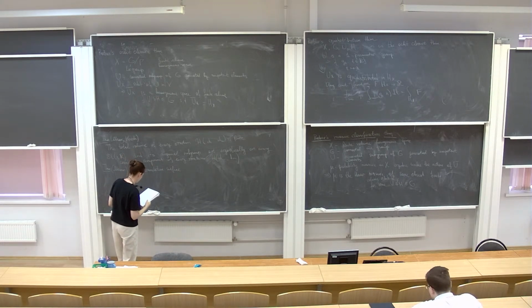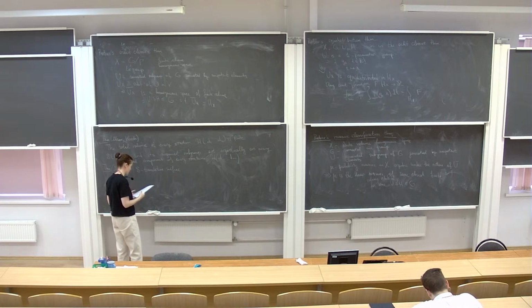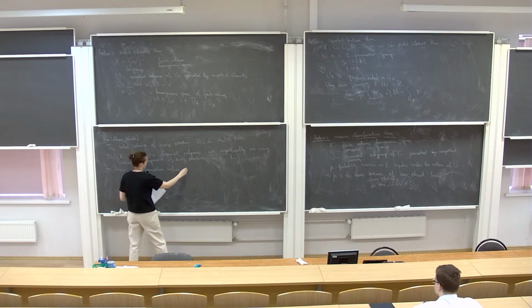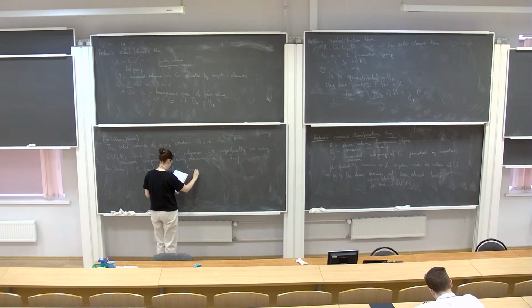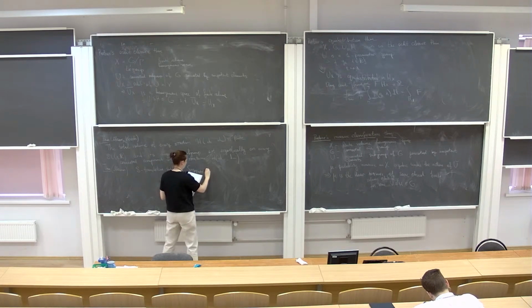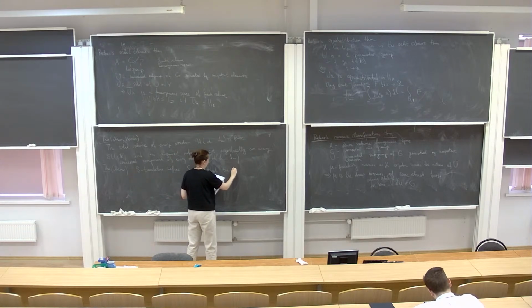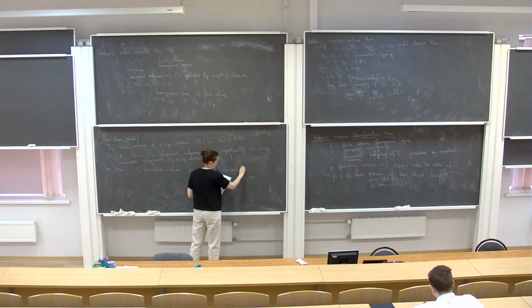And he stated the following thing, that he took a translation surface S, and suppose that the flow in the vertical direction on S is not uniquely ergodic. It happens rarely, as we know.